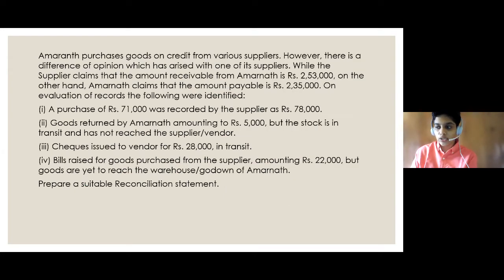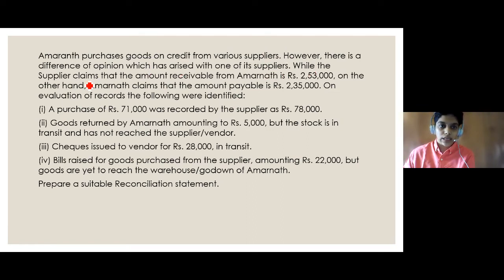So let us take an illustration. Here we have an illustration of Mr. Amarnath, who has purchased goods on credit from various suppliers. However, there is a difference of opinion which has arisen with one of his suppliers.